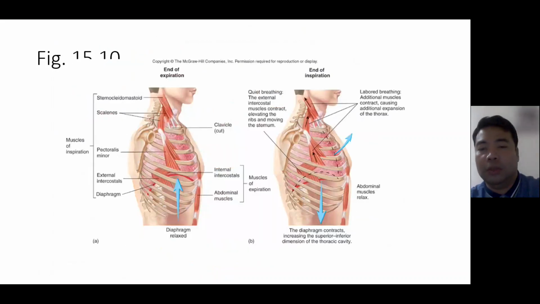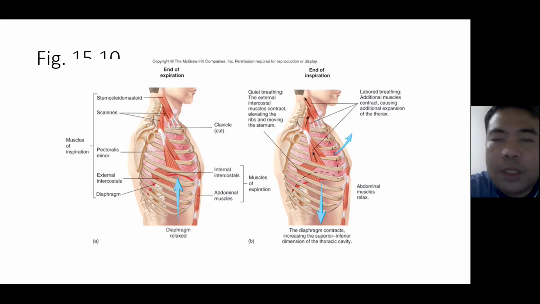Okay, now, after the respiratory membrane, let us discuss the process of ventilation. When we say ventilation, it is the process of the movement of air into and out of the lungs as we breathe.